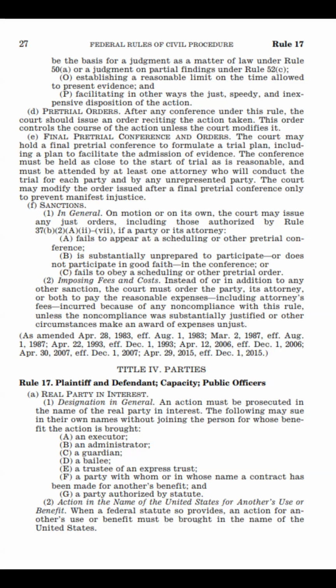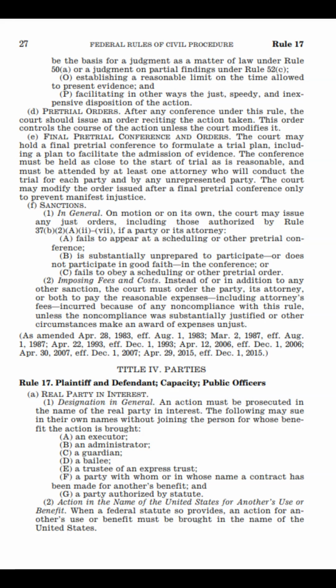F. Sanctions. 1. In general. On motion or on its own, the court may issue any just orders, including those authorized by Rule 37(b)(2)(A)(ii)-(vii), if a party or its attorney: a. fails to appear at a scheduling or other pretrial conference, b. is substantially unprepared to participate, or does not participate in good faith, in the conference, or c. fails to obey a scheduling or other pretrial order. 2.